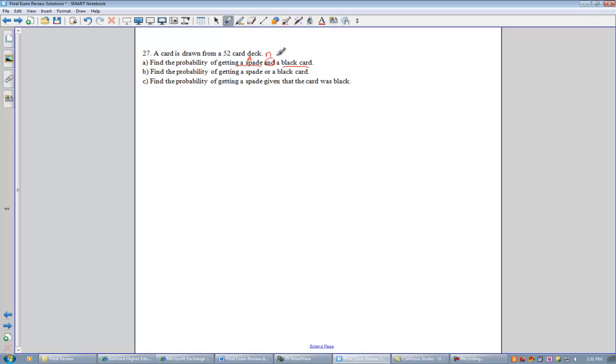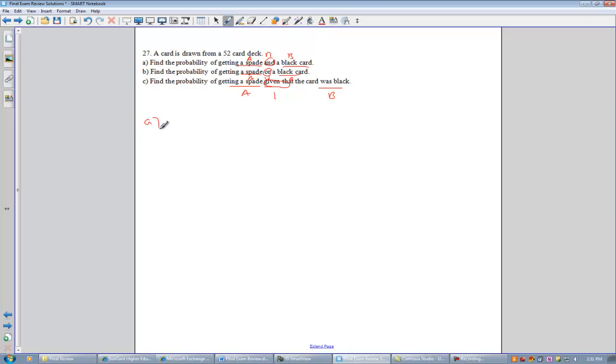And is intersect, and that's our B. And then here we have, again, getting a spade, and then part B, or our card is black. So in this one, this is our A, and or is a union, and this is our B. And then finally in C it says find the probability of getting a spade, so getting a spade is our A, given that, and so given that means we draw this line, the card was black.